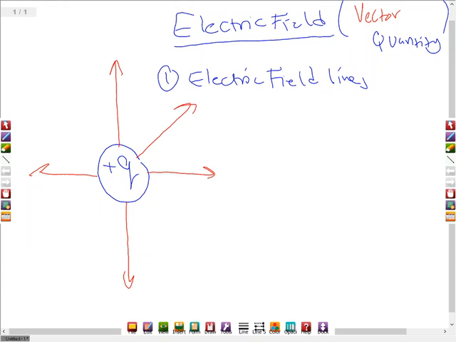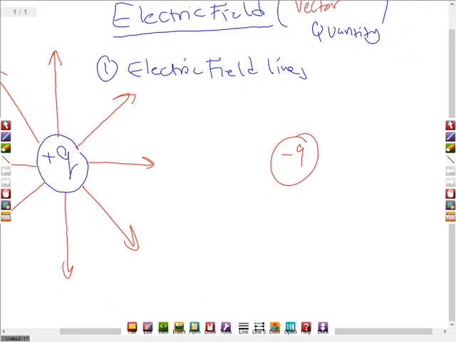You're going to have more electric field lines when the charge is increasing. Now here we're going to have a negative charge, and let us see how the electric field lines look.